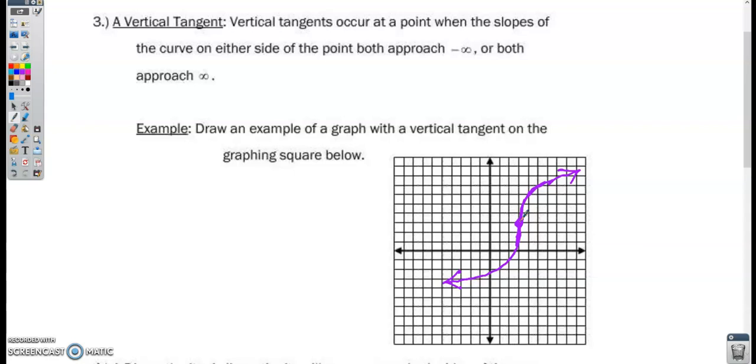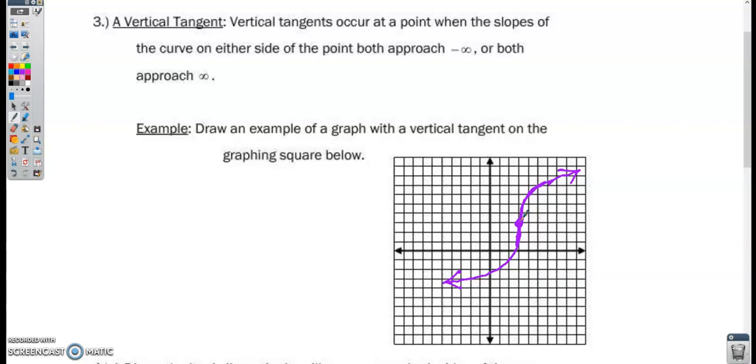Now this is one that you can see commonly in some relatively easy to express functions, odd root functions, y equals the cube root of x, or y equals the 5th root of x, or any of the curves like that. Those all have vertical tangents on them at the center of the curve.